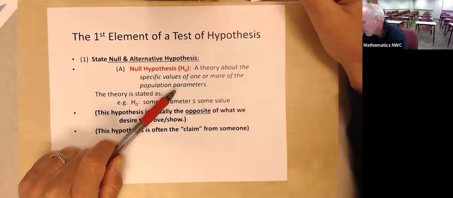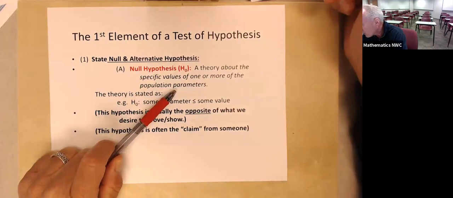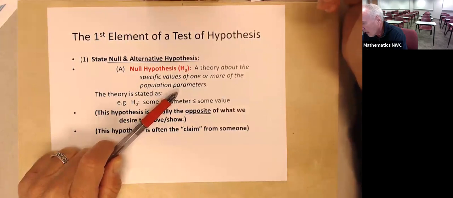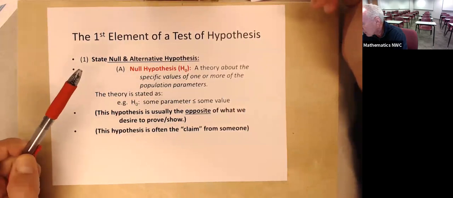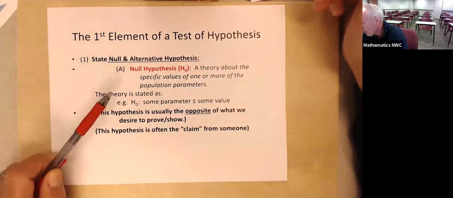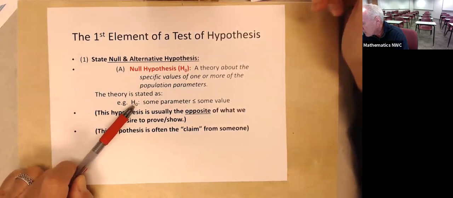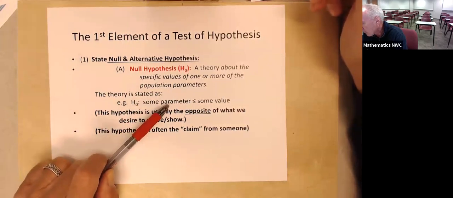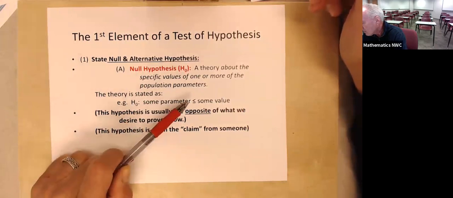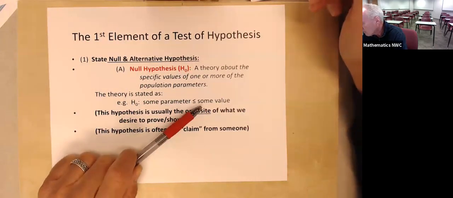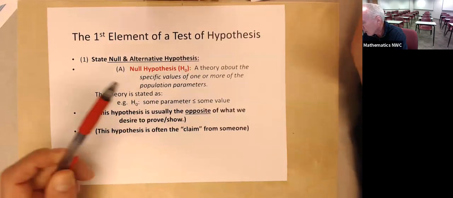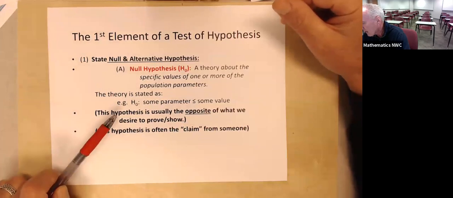What that means is we could be talking about proportions, means, the difference of proportions, and there's a gamut of other things population parameters could entail. The theory is stated something like this: H sub 0, some particular parameter, maybe the mean, is less than or equal to 3 or 17 or whatever the problem might happen to be.